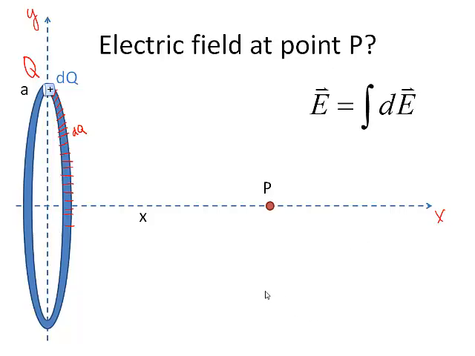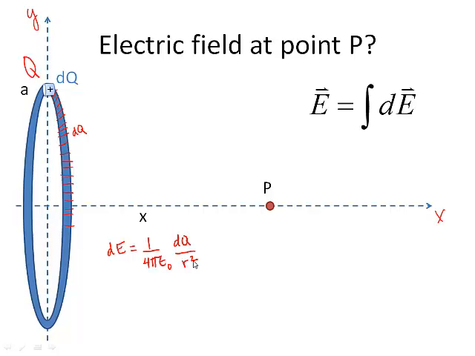So the electric field at this point P, due to the dq, can be found with the formula dE is equal to 1 over 4 pi epsilon naught times dq over r squared.